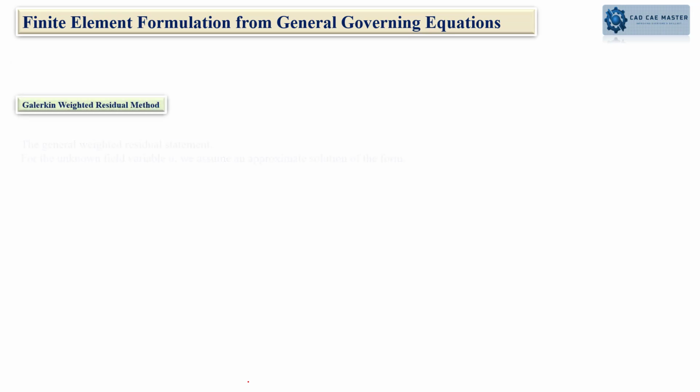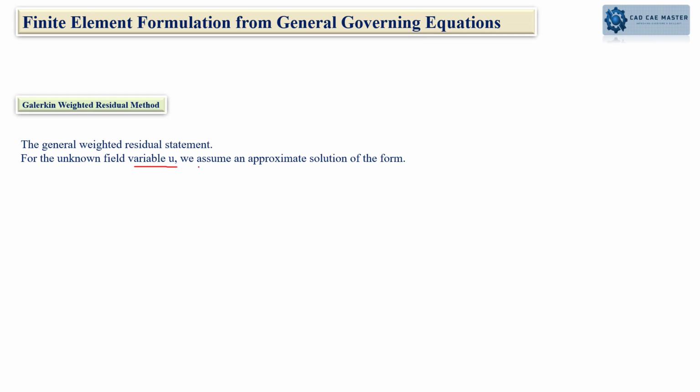Now when it comes to this equation, in general, if we consider any unknown field variable u and would like to approximate the solution of this form, this is the equation where we have the u.